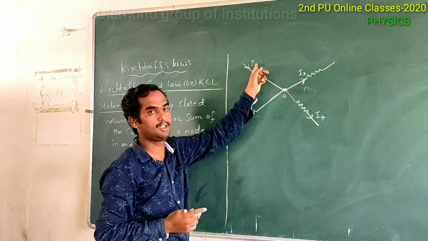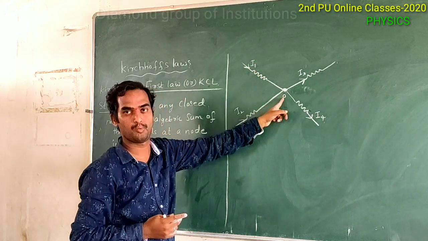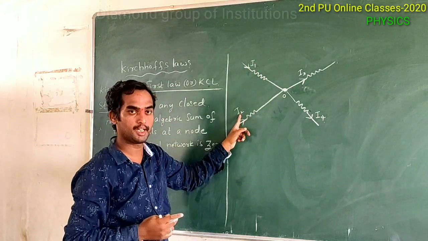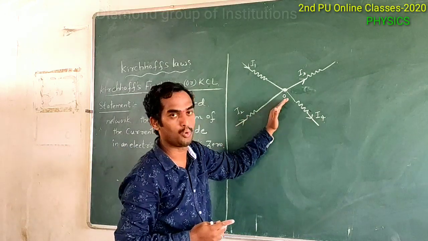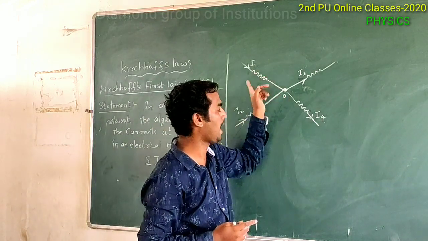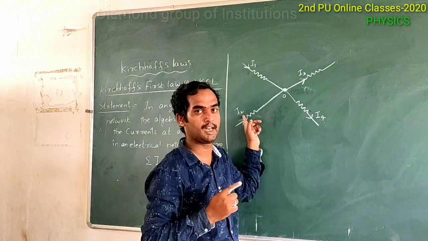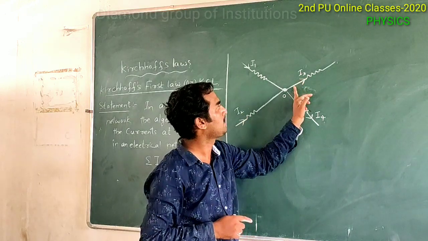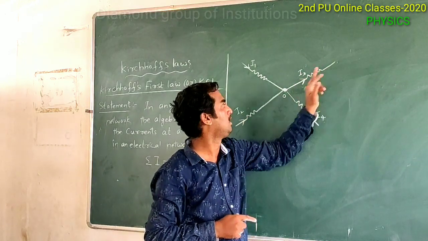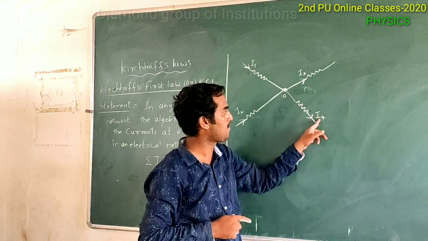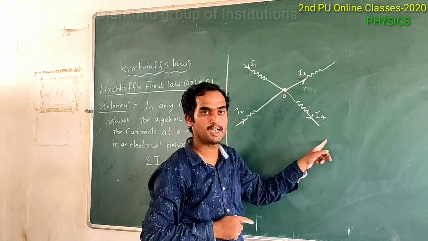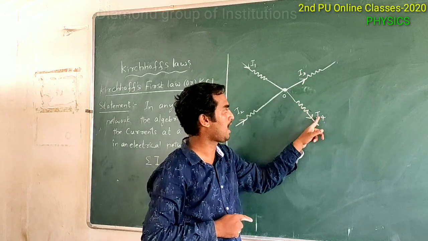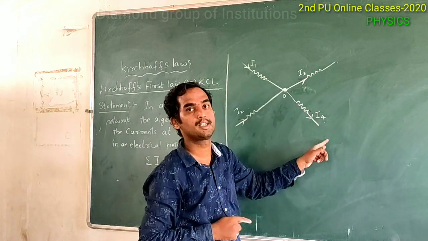I1 and I2 are both approaching O, so both are taken as positive, and I3 and I4 are moving away from the junction, so I3 and I4 are taken as negative.